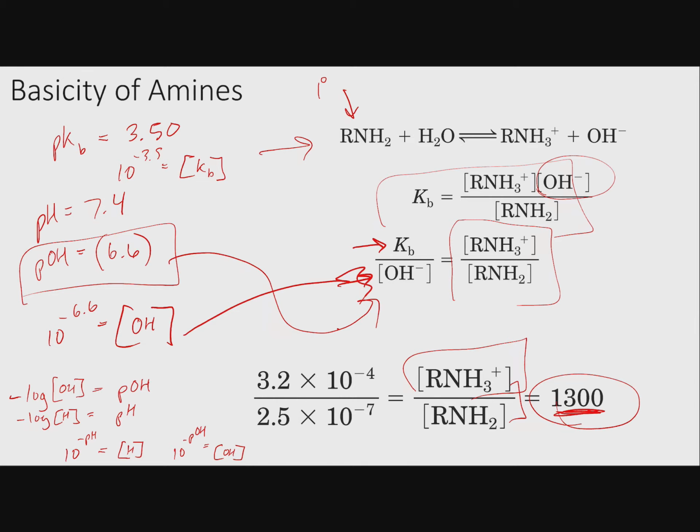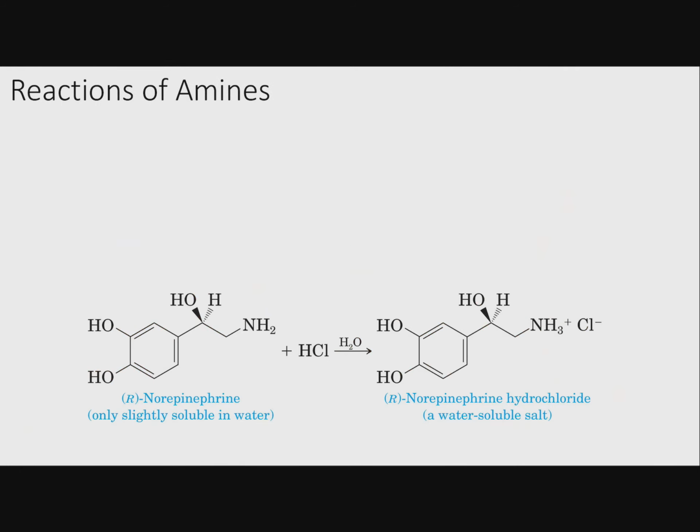And you can imagine that. If we make this concentration bigger, it's just going to make this number smaller. Anyways, this isn't math that you have to worry about. This is something your book thinks is useful.